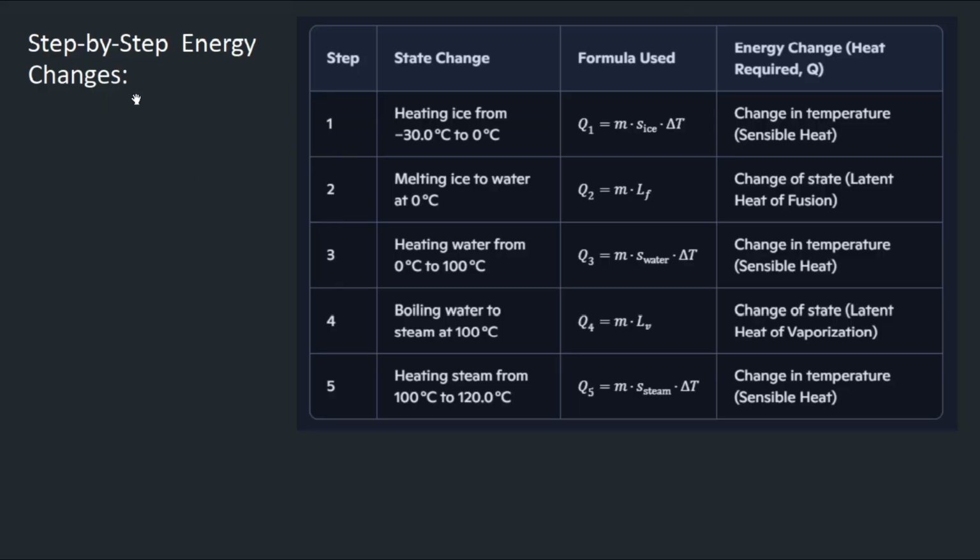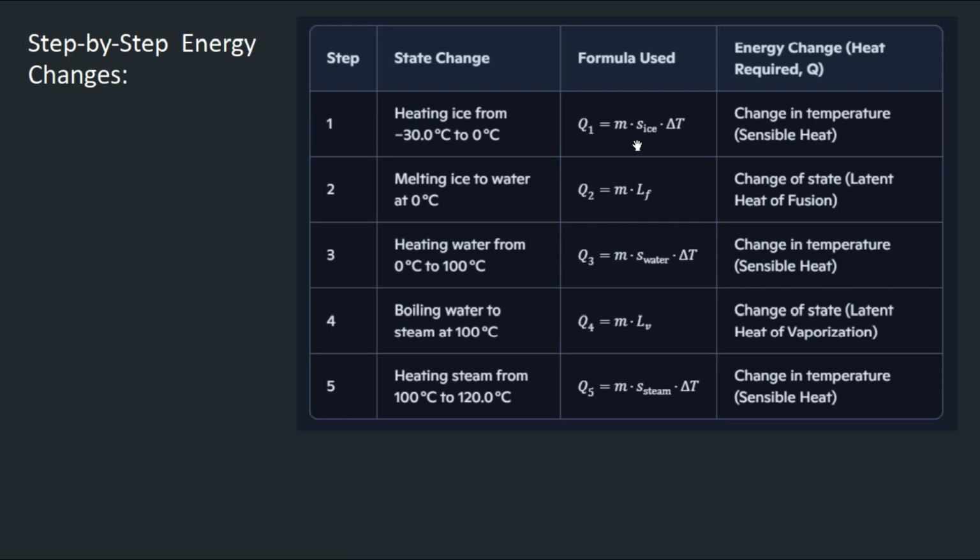So, step by step energy change. State change: we have heating ice, so we have a change in temperature. Then melting ice to water, a change in state. Then we have heating water from 0 to 100, a change in temperature; boiling water to steam, a change in state again; heating steam, a change in temperature.